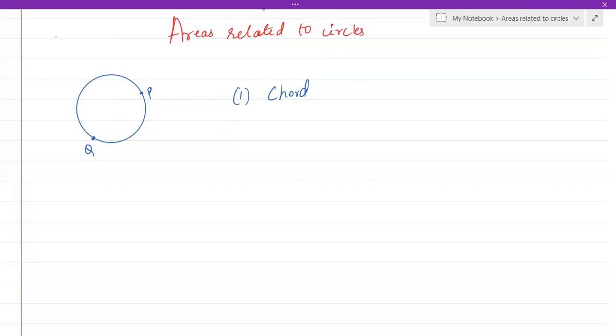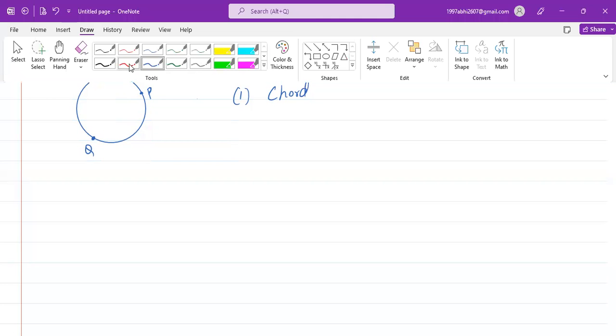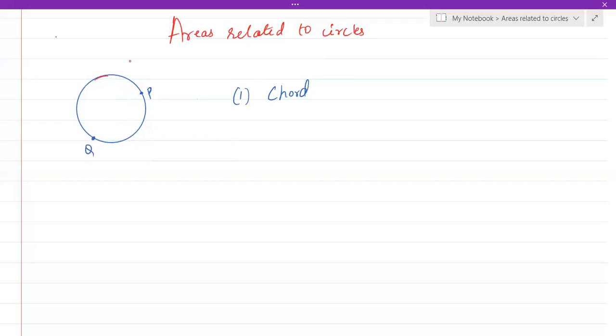Circumference is basically the outer part, the boundary. Let me trace it in red color. This thing which I am tracing is called the circumference. So you take any two points on the circumference, join these two points, and the line segment that we get is called the chord.